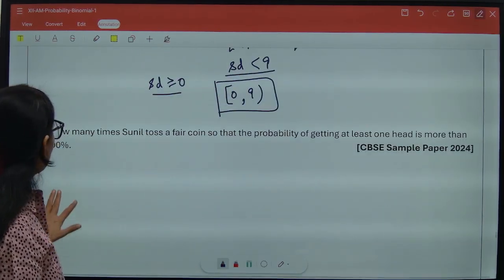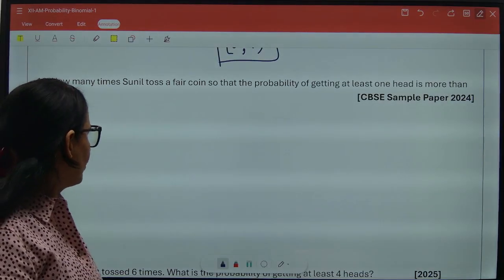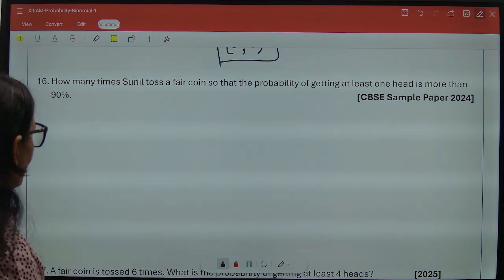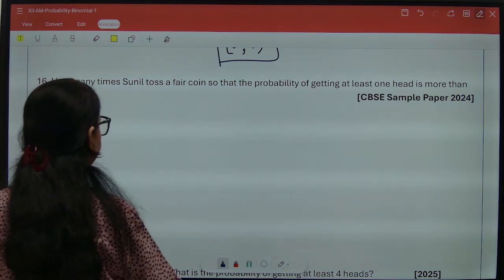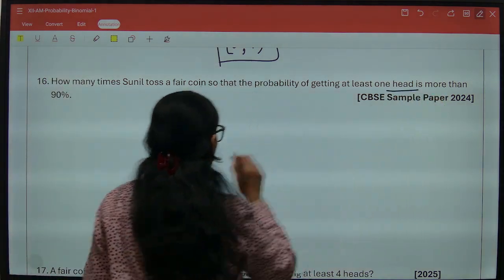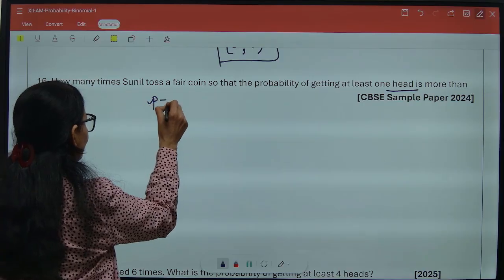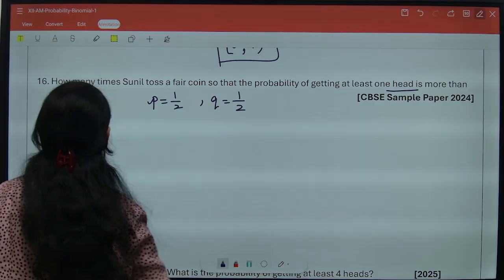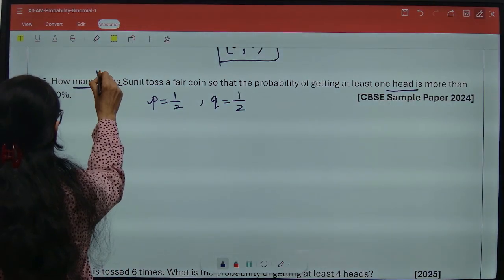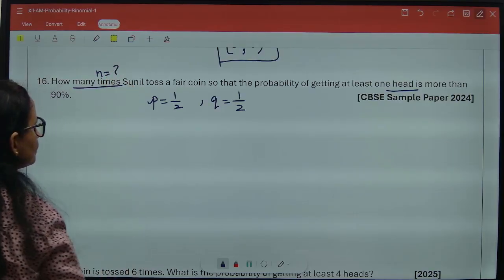Okay, next question. How many times did Sunil toss a fair coin so that the probability of getting at least one head is more than 90%? Now again the probabilities are involving head and tail. So the probability of head is 1 by 2 and probability of tail is also 1 by 2. How many times means we need to find the value of n.